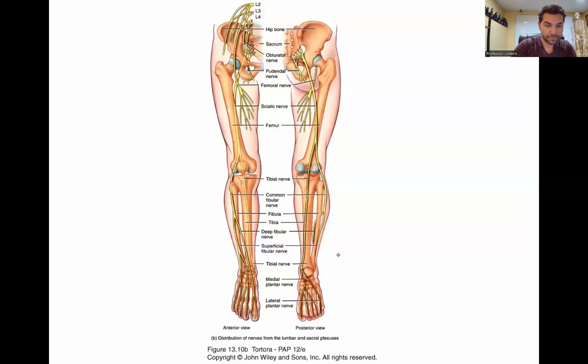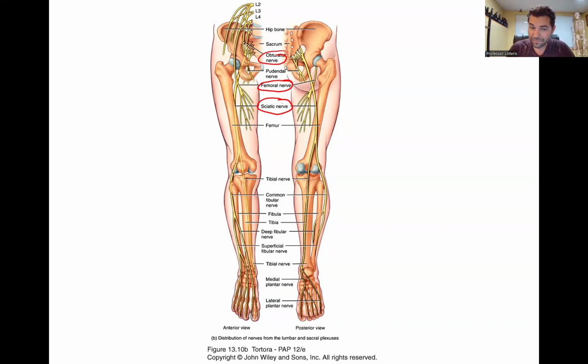And here we can see some of those nerves that I just highlighted. Femoral nerve, sciatic nerve, and obturator nerve. Makes sense. As we work our way down the leg, you can see there's a couple nerves, but it's not super crazy.